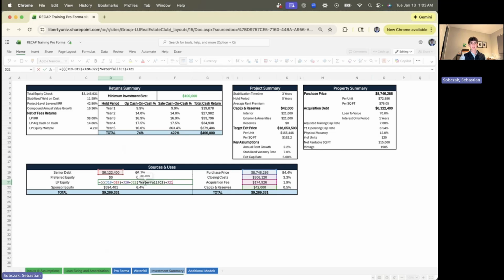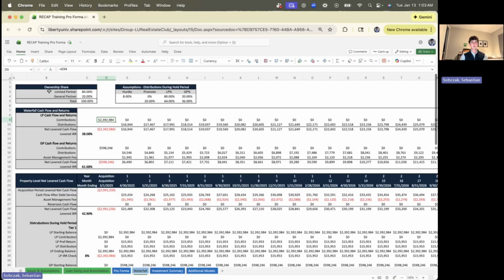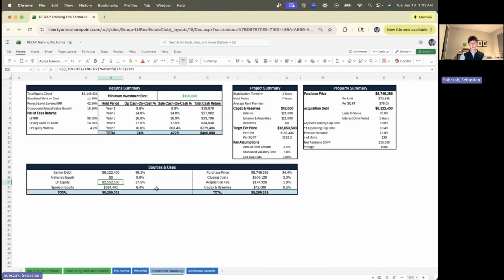And then you're multiplying it times the waterfall C3, which is the percentage the limited partner is going to be paying. So you're multiplying it by their percentage, and then you're adding J21, which is your acquisition fee, and they're covering that as well.